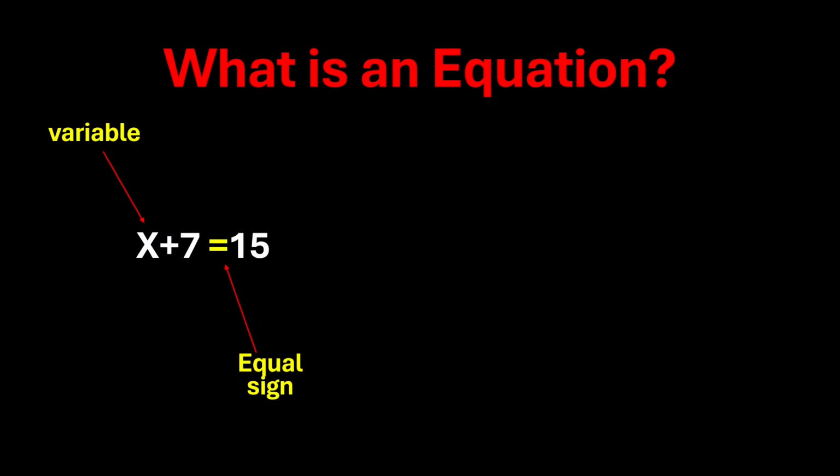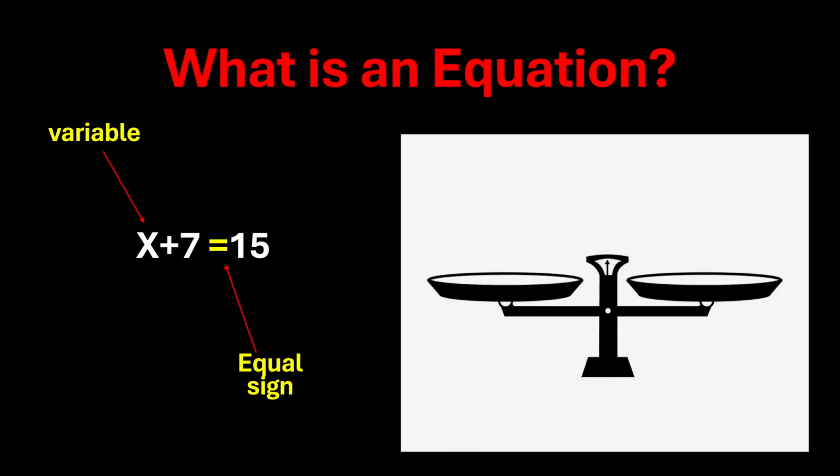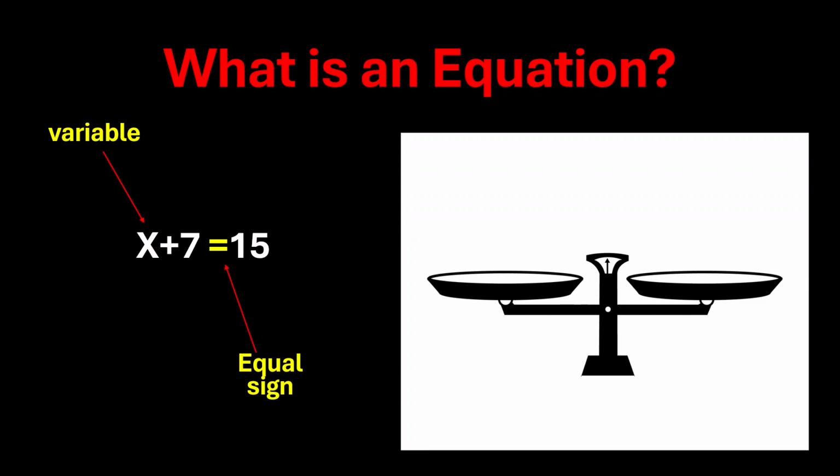The equal sign means both sides are equal. It's like a balanced scale, right? On one side we have x plus 7. On the other side we have 15. So it's simple. An equation is a balanced scale.